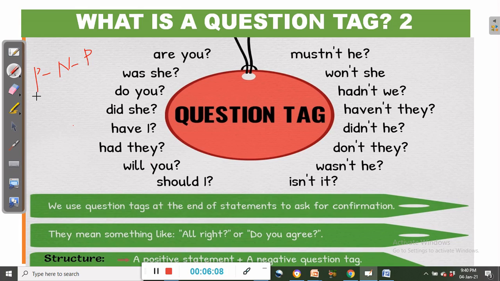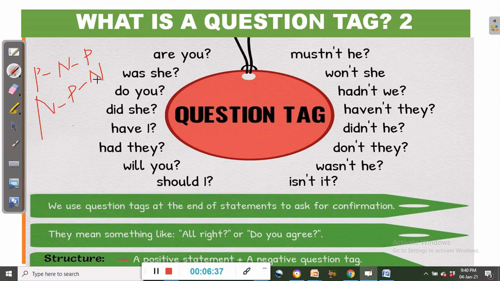Then where we have a negative statement, then it is followed by a positive tag, and then what follows will be a negative response. Mary isn't a singer. Negative statement. Is she?